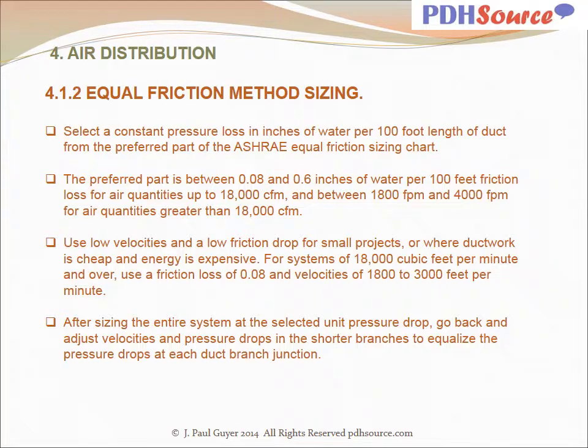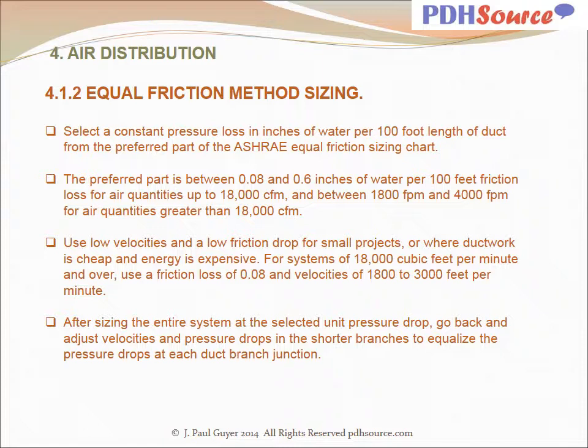The equal friction method sizing. Select a constant pressure loss in inches of water per 100-foot length of duct from the preferred part of the ASHRAE equal friction sizing chart. The preferred part is between 0.08 and 0.6 inches of water per 100 feet friction loss for air quantities up to 18,000 CFM and between 1,800 feet per minute and 4,000 feet per minute for air quantities greater than 18,000 CFM.